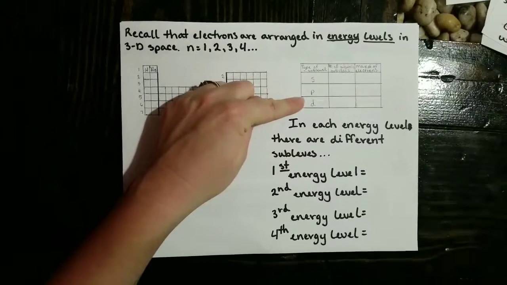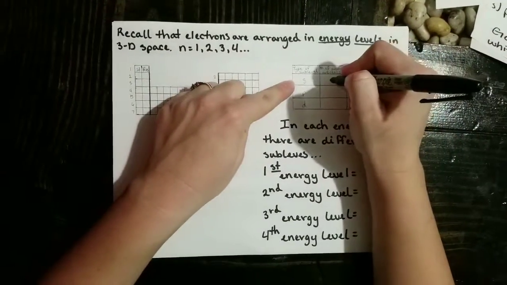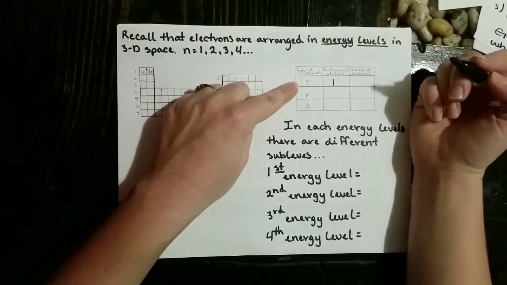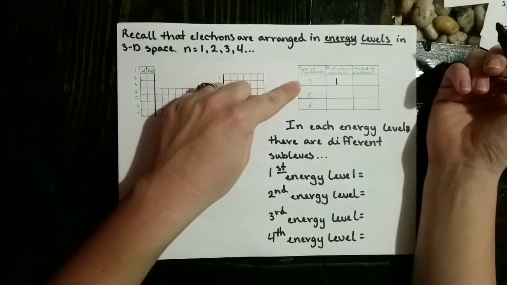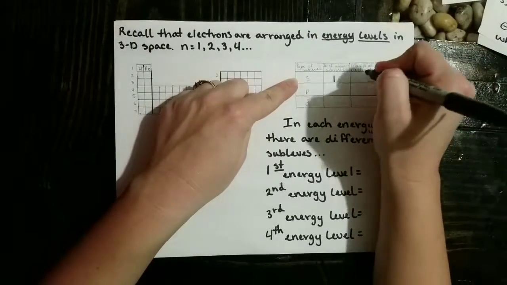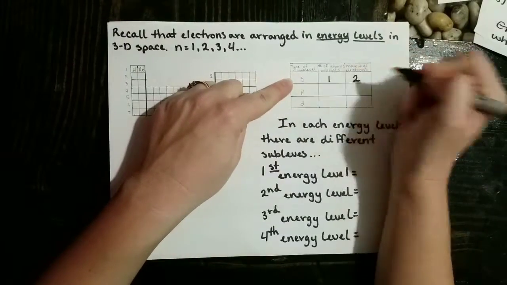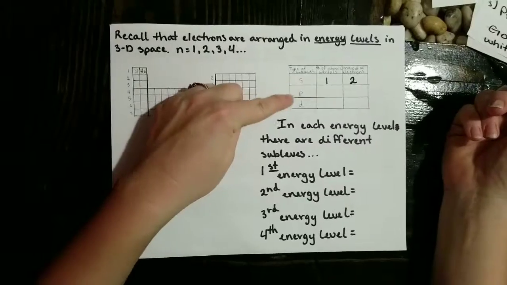Each sublevel is made up of different atomic orbitals. If you remember from yesterday, the s sublevel has 1 atomic orbital, and each atomic orbital can hold up to 2 electrons. So if the s sublevel has 1 atomic orbital, that means at the maximum, each s sublevel can hold 2 electrons.